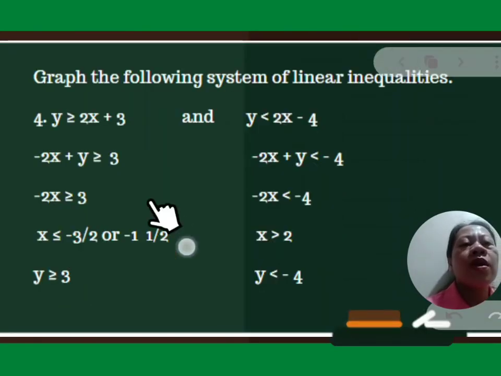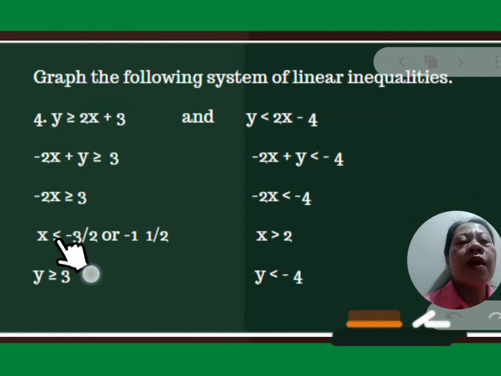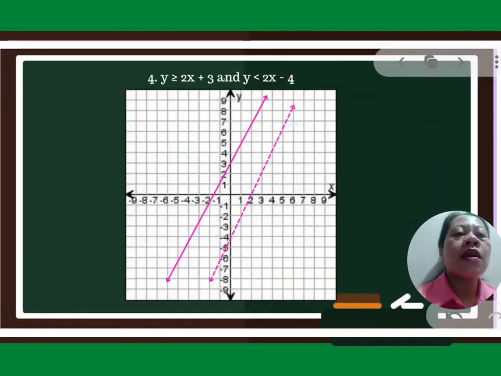Mula dito sa negative 1 and 1/2, yan po ay less than or equal to, ibig sabihin, mula sa negative 1 and 1/2 pa baba po ang x values. So, ang shaded part natin ay dito po banda.